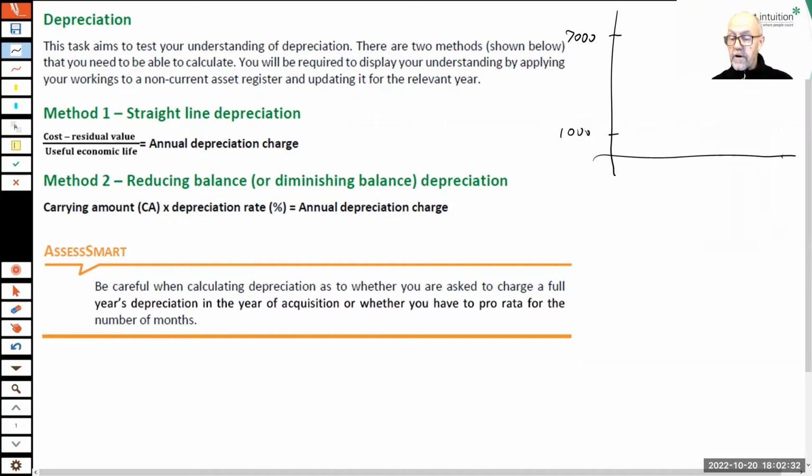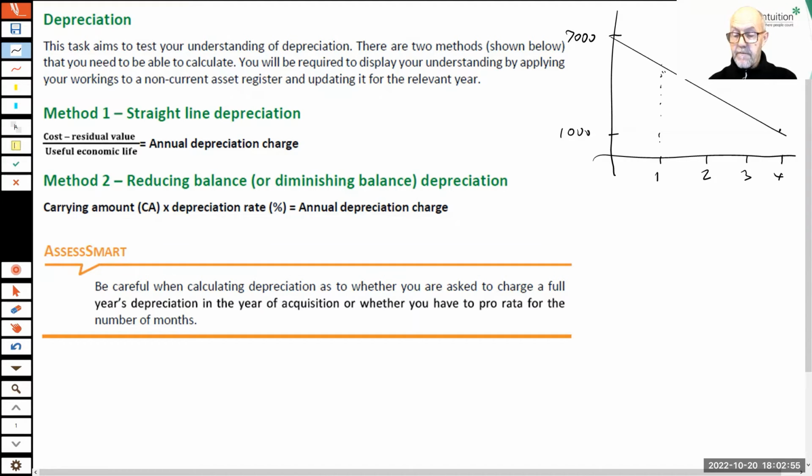Then over a 4-year period, it's going to go down in value an equal amount each year, which will give us a straight line.